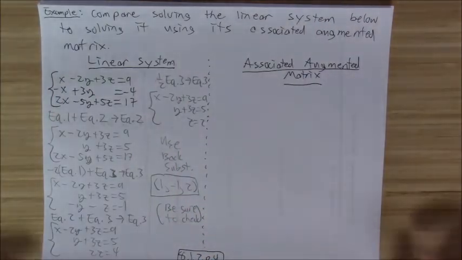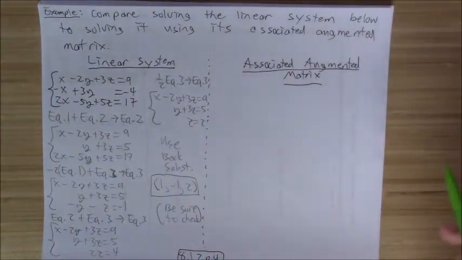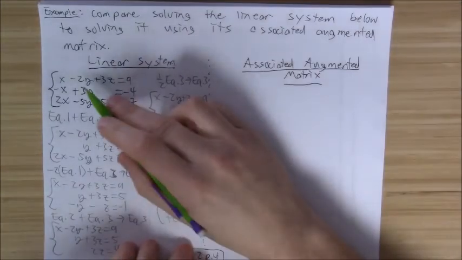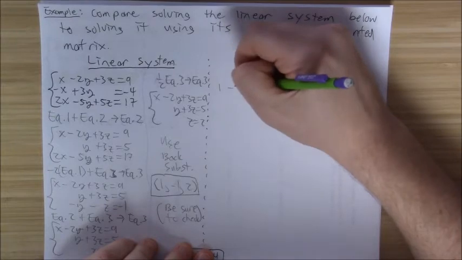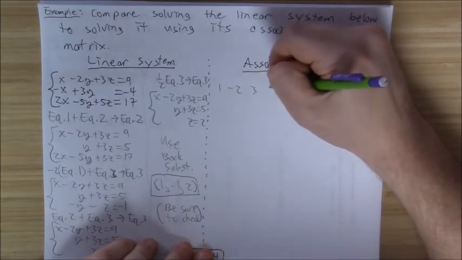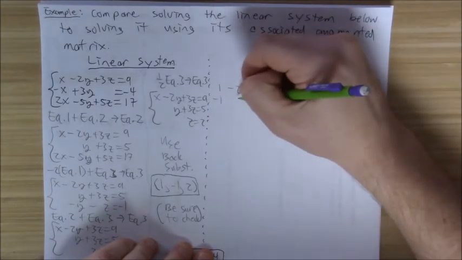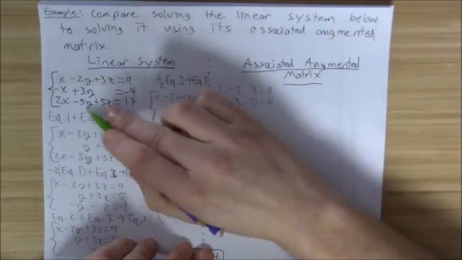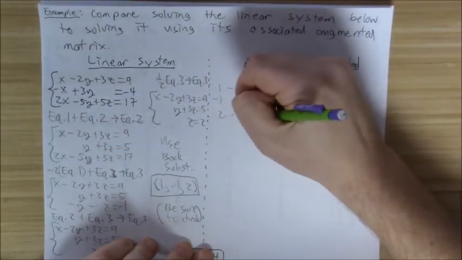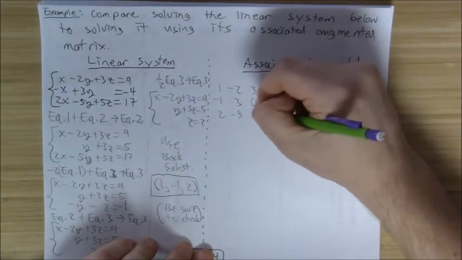However, I want to now focus on what happens with the associated augmented matrix. So the augmented matrix for this would be 1, negative 2, 3, 9; negative 1, 3, 0, negative 4; 2, negative 5, 5, 17.